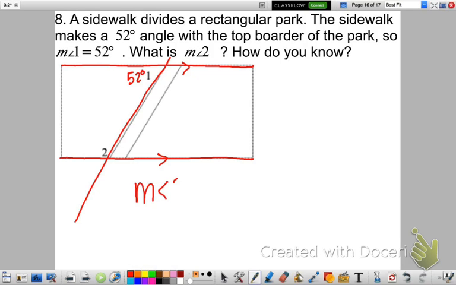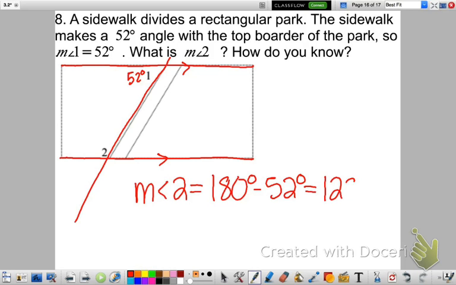We want to find the measure of angle 2. Hopefully you can see that if we take the 52 out of 180, we will get that the measure of angle 2 is 128 degrees. And we do this because angle 1 and angle 2 are consecutive interior angles.